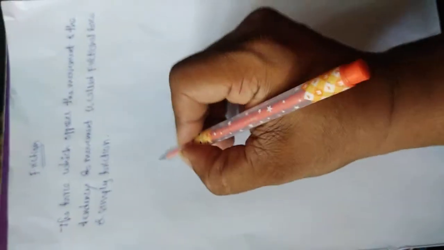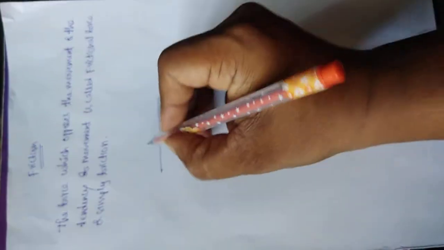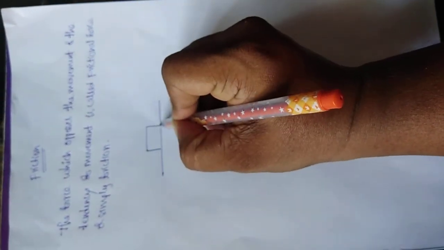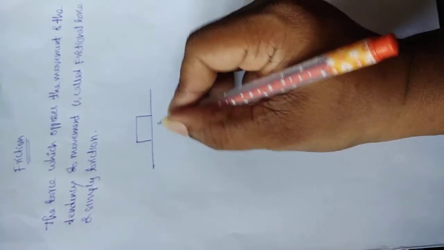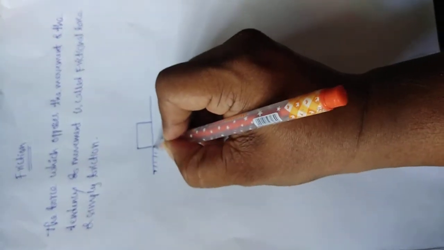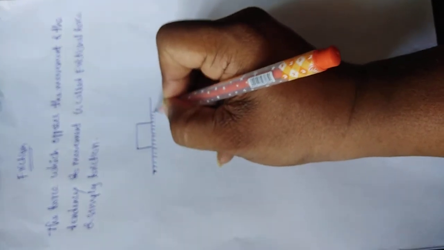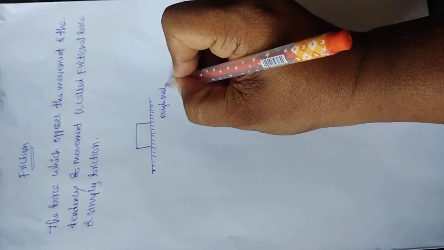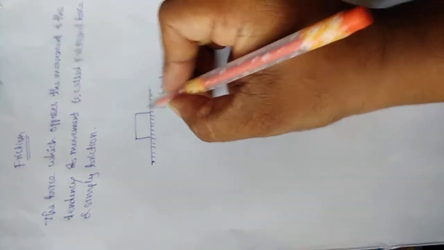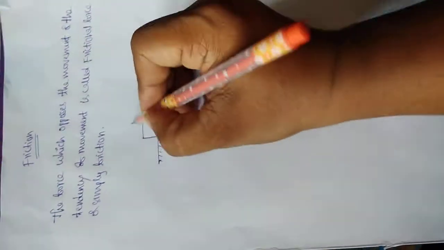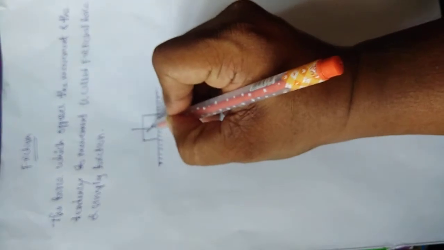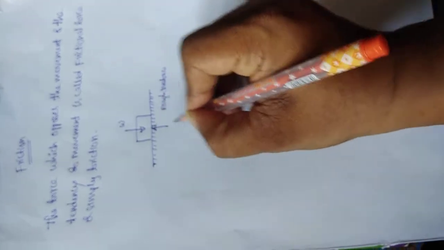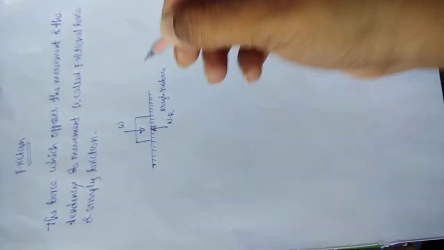Let us draw a diagram. A block is placed on a rough surface. The block has some weight W, and the rough surface develops a normal reaction force.